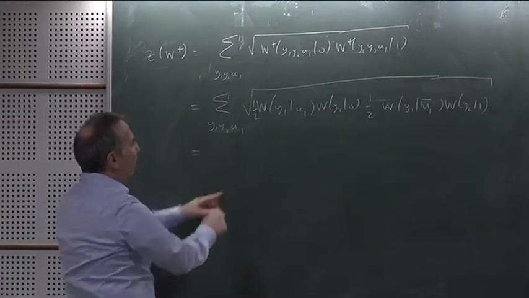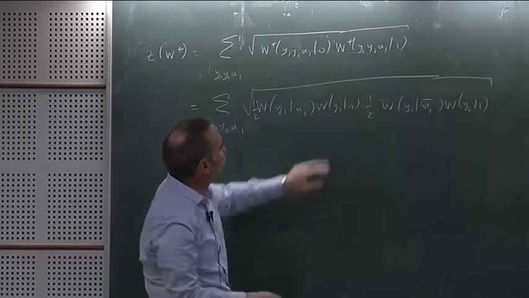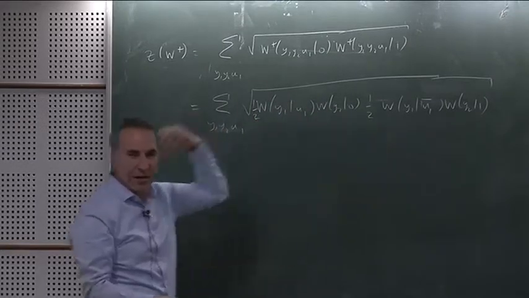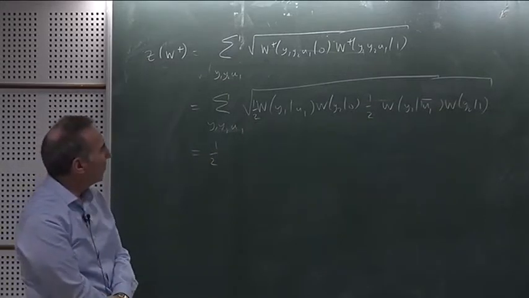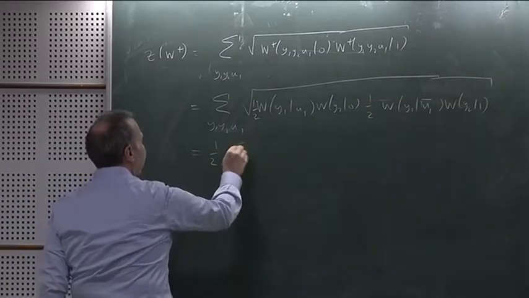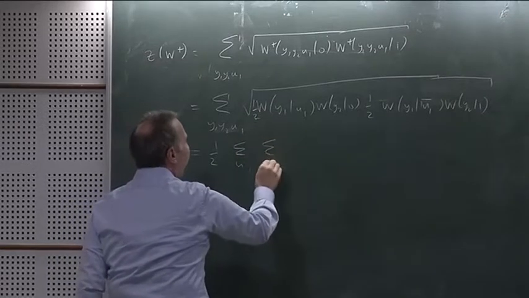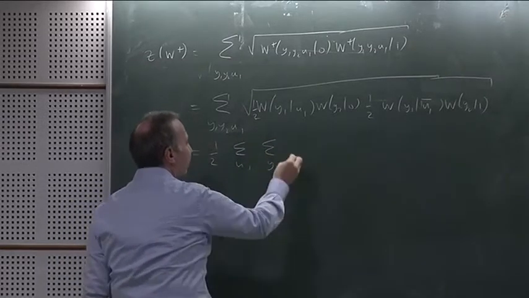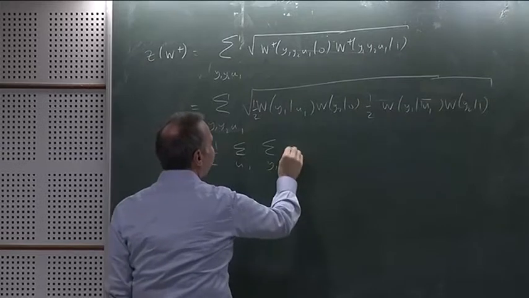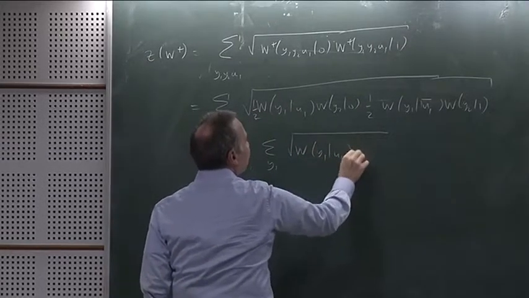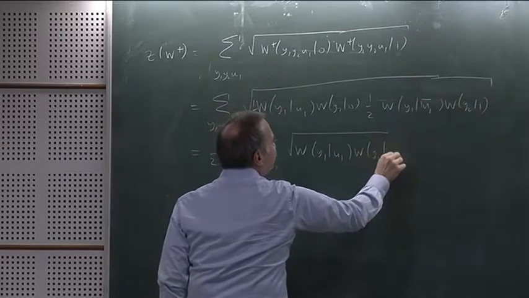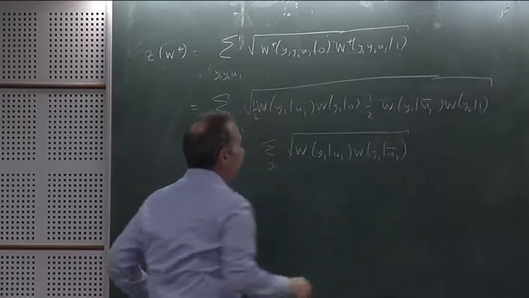So this one, again, I can group the terms together. First of all, these halves come out. I have 1/2 here. And then I can put a summation over U1, summation over Y1, and I have here the square root of W of Y1 given U1 times W of Y1 given the opposite of U1.